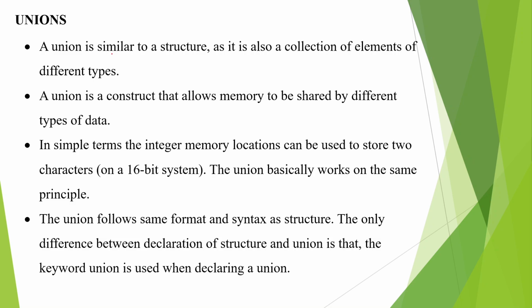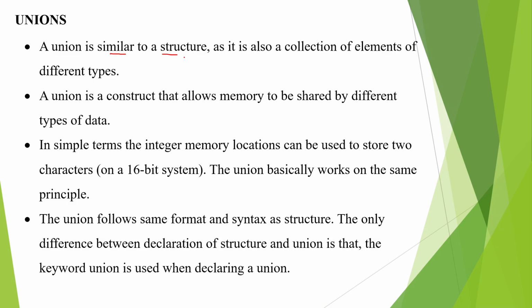So a union is similar to a structure as it is also a collection of elements of different data types. We defined a structure as a collection of heterogeneous data items, or as a collection of elements of different data types. Here, in this particular definition, a union follows a similar rule. It is also a collection of elements of different data types.